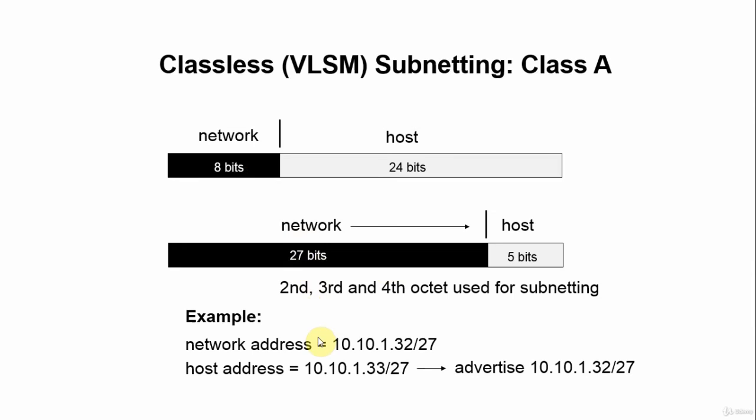And that's the reason why I'm doing it, because I don't need this many hosts. I just need a few. And I'm using a /27 here. So 1.32 is an example of one of the network addresses I can get within /27. And then there's the host address 33, and what's advertised is 10.10.1.32, the network address.